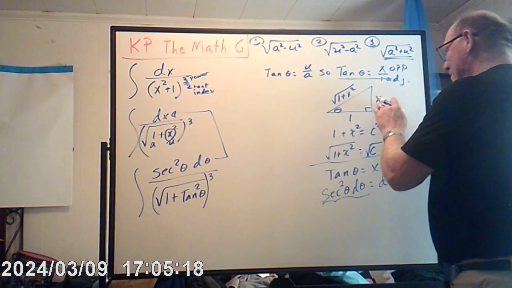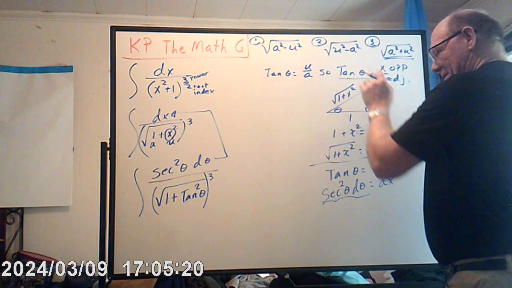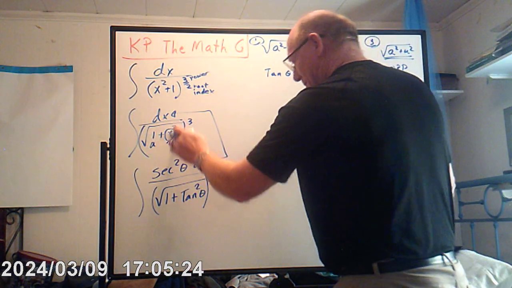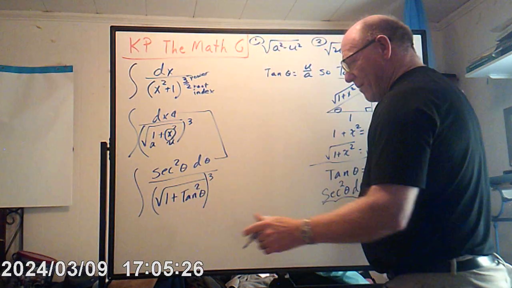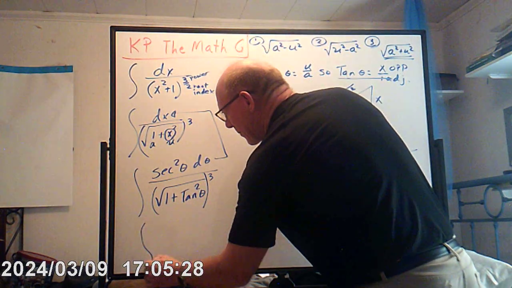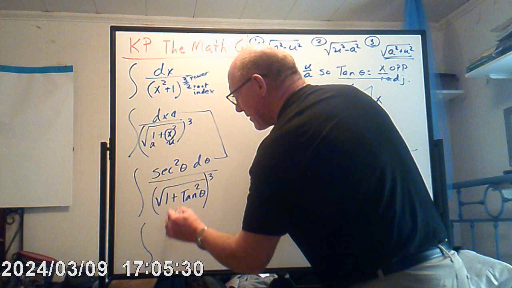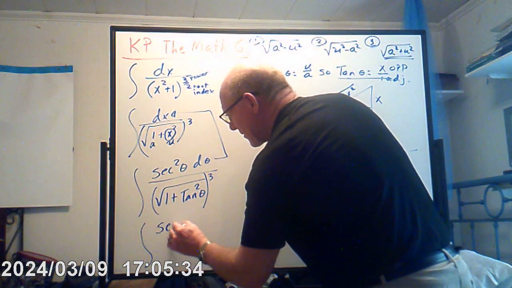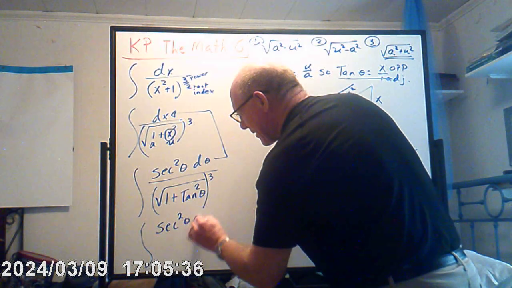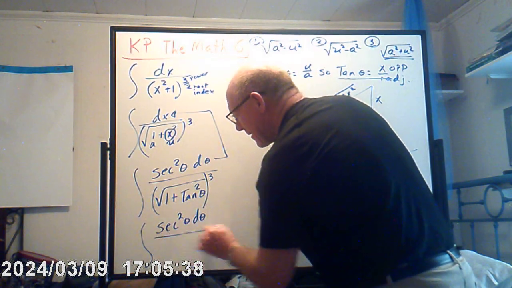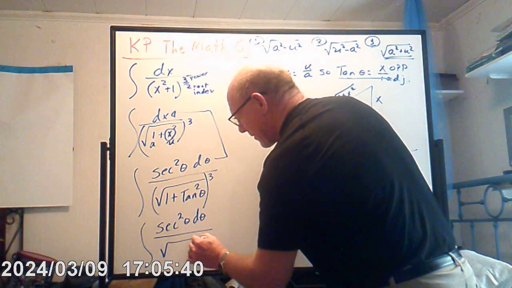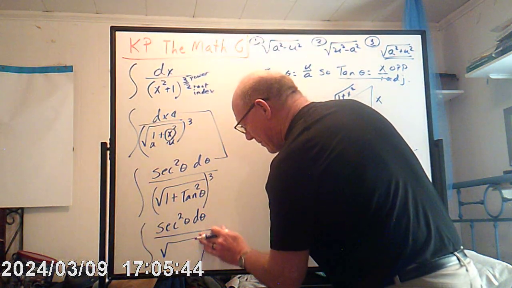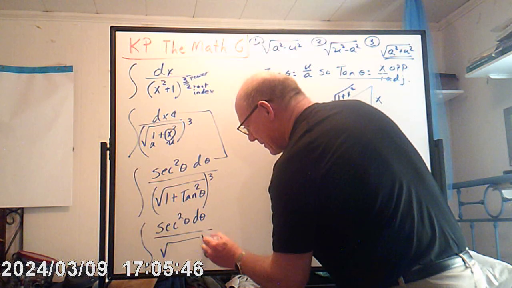Well, x happens to be tangent, and since it's squared here, I'm going to square it here. 1 plus tangent squared happens to be secant squared. So this is going to be secant squared theta d theta over the square root of, and it's cubed, of course. You got to remember that that is cubed.